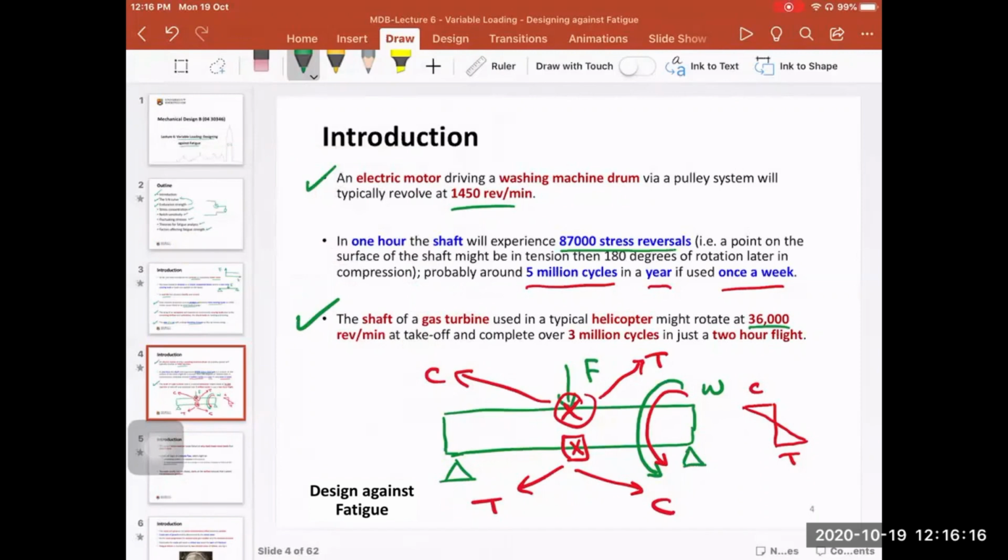So for example, if for only 2 hours of flight, the rotor or the shaft of the gas turbine is going to rotate 3 million cycles. And each and every point on the outer surface of the shaft goes through those stress cycles. So they see fluctuating loads all the time.